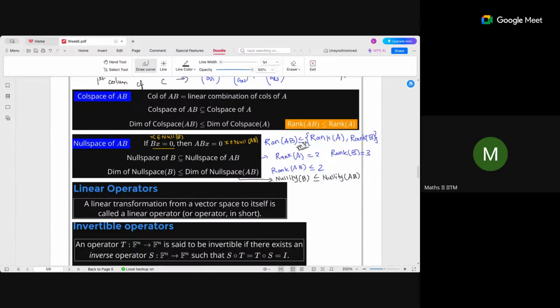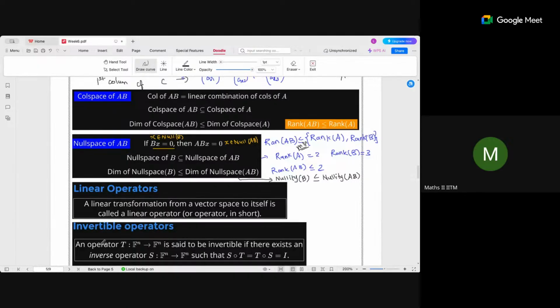In the same way, for transformations we can define inverses only when the domain and codomain are the same. Such transformations are called linear operators. A linear transformation from a vector space to itself is called a linear operator, and we can define invertibility only for linear operators, not for any transformation.